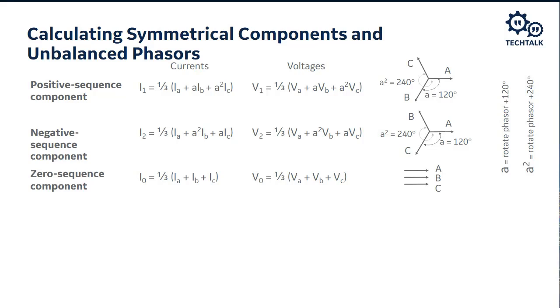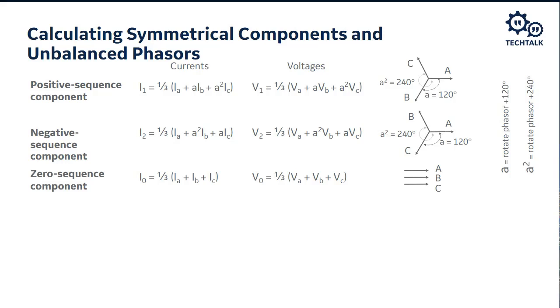I subscript 1 is the positive sequence current, I subscript 2 is the negative sequence current, and I subscript 0 is the zero sequence current. The same is true of the voltages to the right of that.